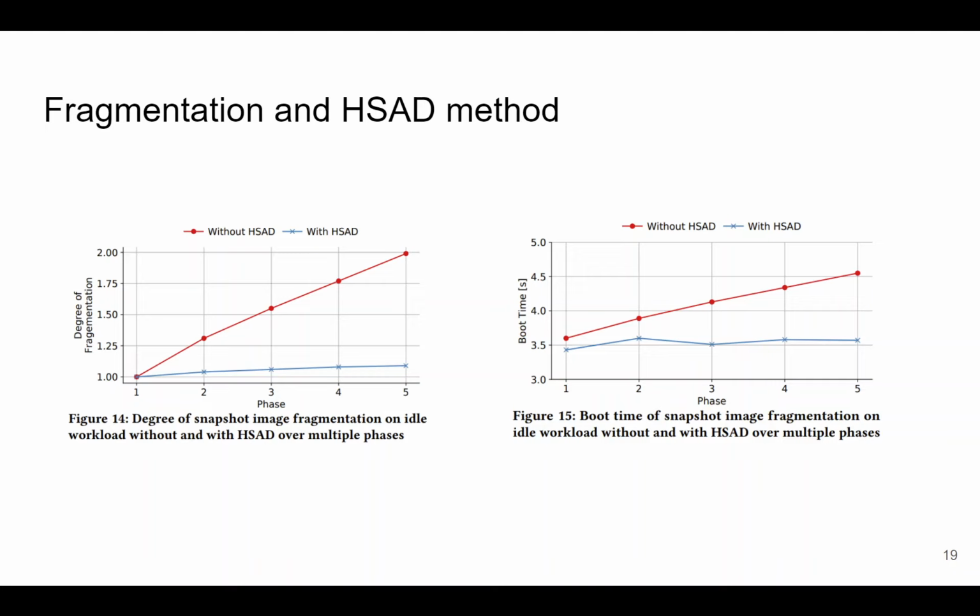Figure 15 also shows that the boot time with HSAD remains unchanged over time, so we can effectively handle the degradation issue of the boot time if DOF is well controlled with the HSAD method. However, we observed that the deduplication ratio dropped between 12 and 31% across our workloads when the HSAD method is applied. We also observed that the suspend process was delayed by up to 3.9 seconds.